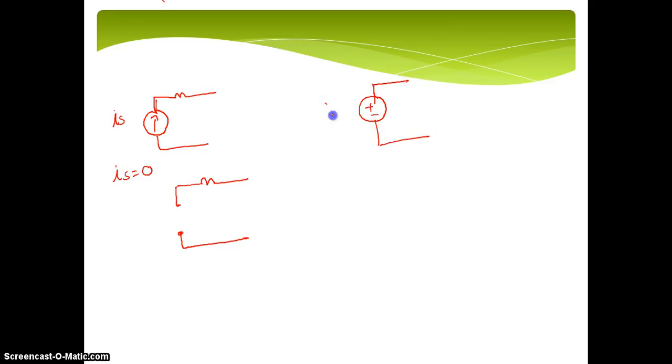Now suppose you have a voltage source Vs here. If I want to make this voltage source equal to 0, I should short it, so the circuit is complete. That means Vs is equal to 0. So a voltage source, if I want to make it inactive, I should short it.